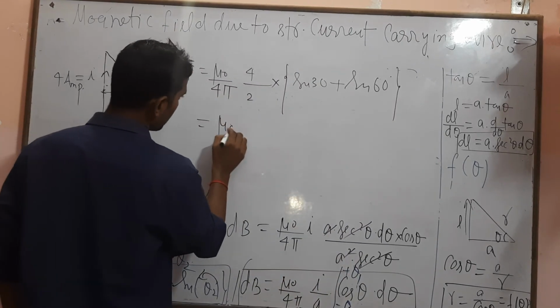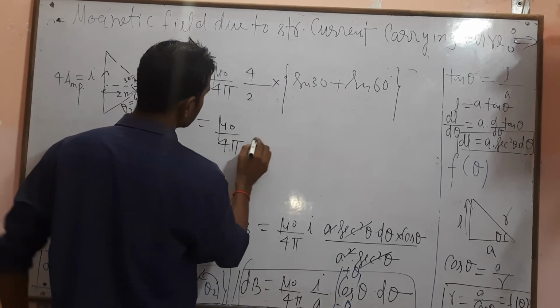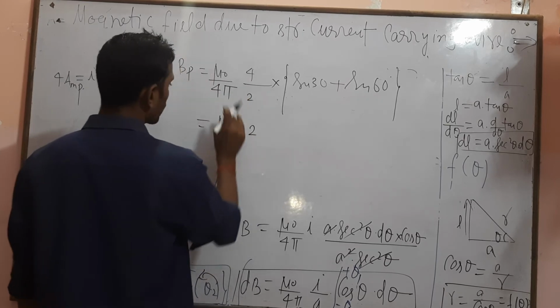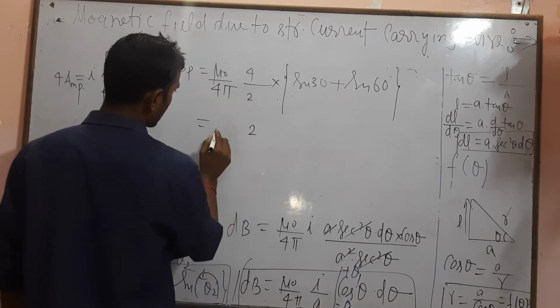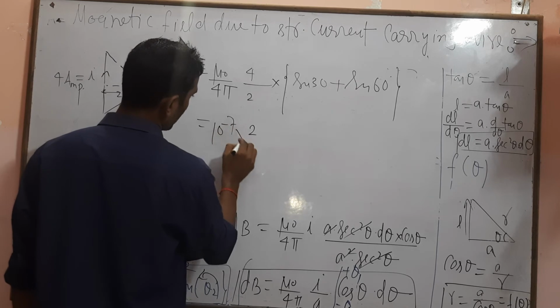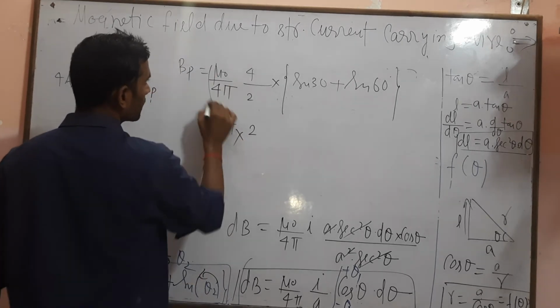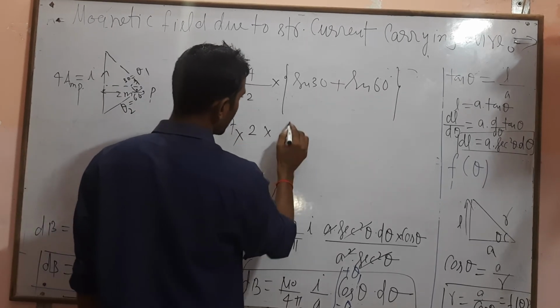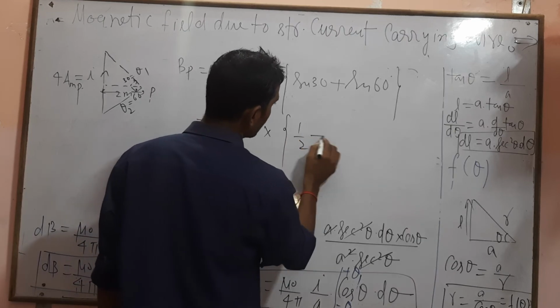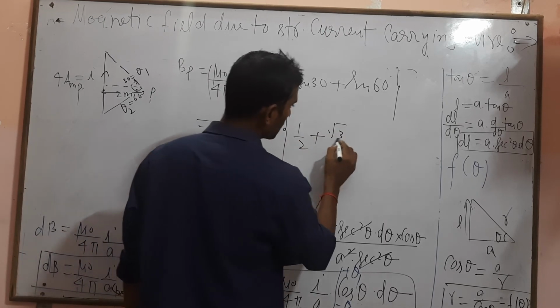This implies mu naught by 4 pi, this is 2. Mu naught by 4 pi equals 10 to the power minus 7. This value will be 10 to the power minus 7, and this is the 2, and this is sin 30. Sin 30 equals 1 by 2 and sin 60 equals root 3 by 2.